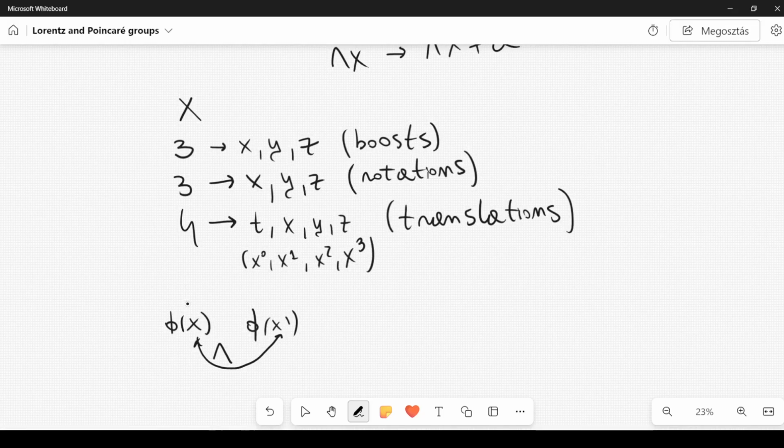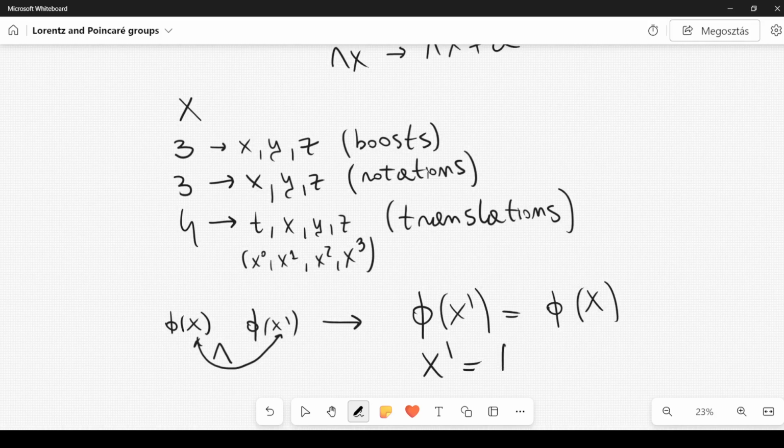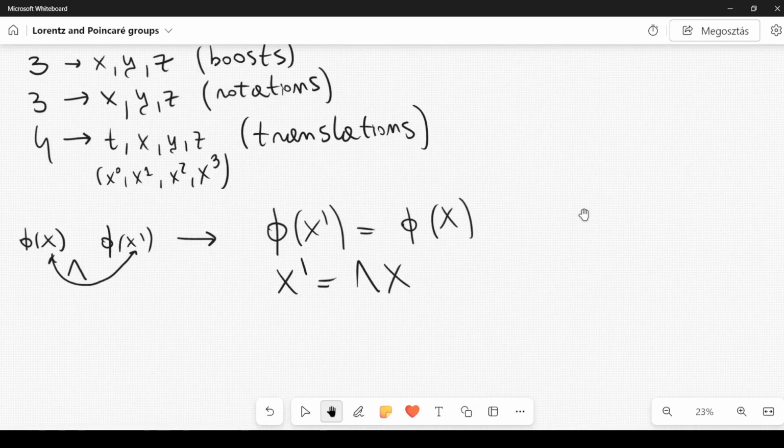So we have discussed how we can define a transformation for a scalar field indirectly, because if we have a Lorentz invariant theory, we have phi of x prime equal to phi of x. And it means, for example, that x prime is given by lambda x, so we are using a Lorentz transformation. And this can also be written in another way.